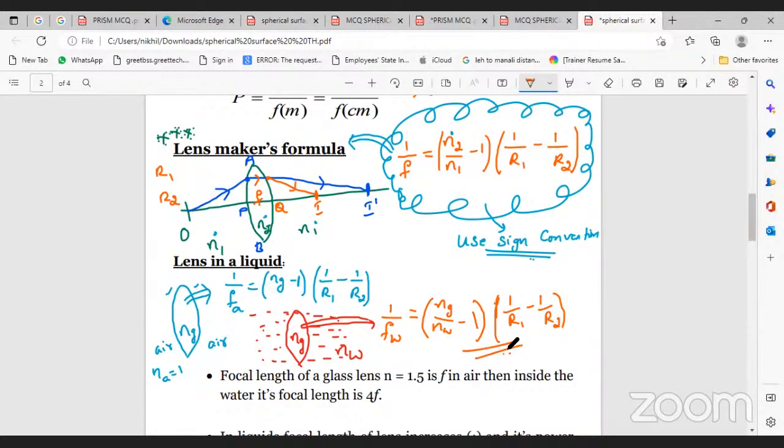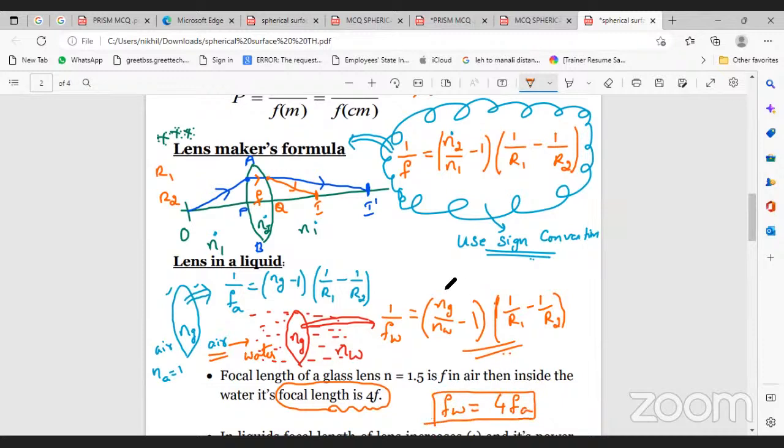Please remember, if I take the convex lens from air to water, the focal length increases by how many times? 4 times. Please remember that. Focal length in water is always 4 times the focal length in air.